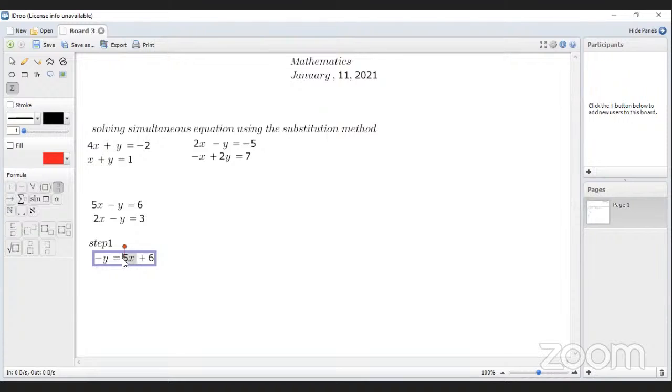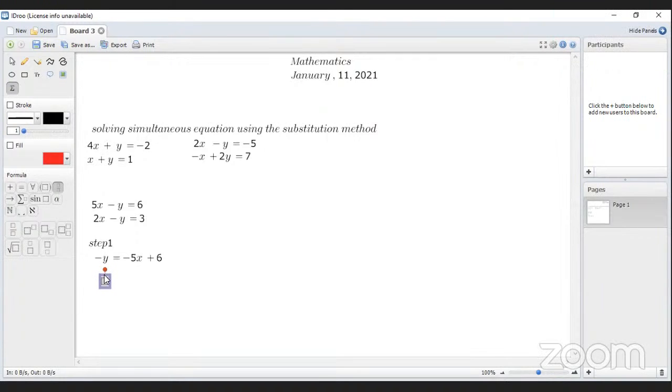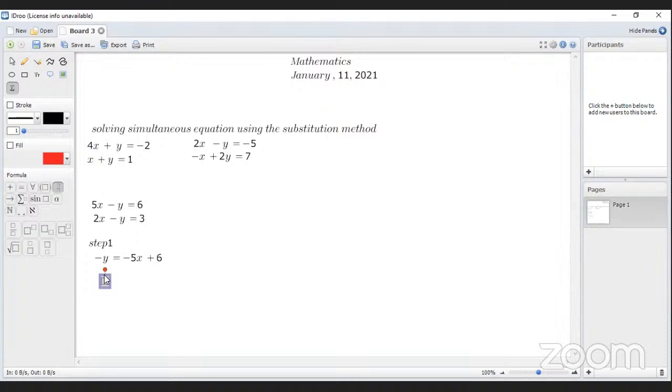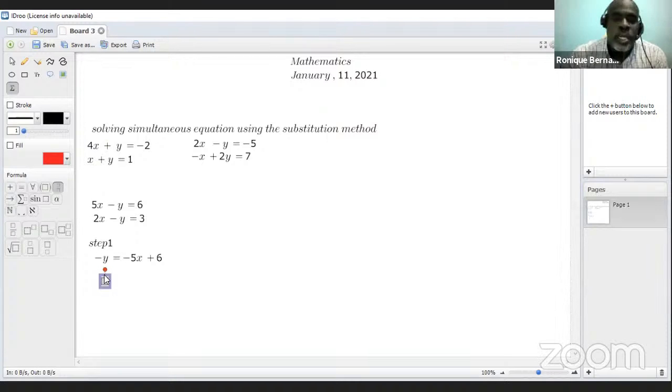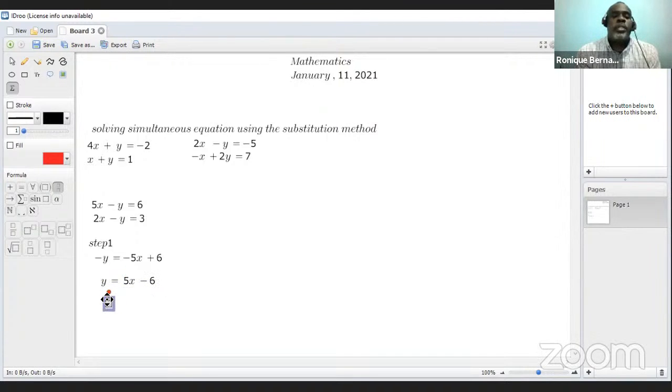Wait, but you don't finish it. You have negative y, so you divide both sides by negative 1. And you end up with y equals 5x minus 6. All right. So the next step is to substitute.